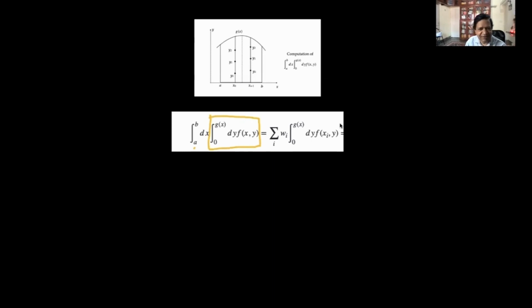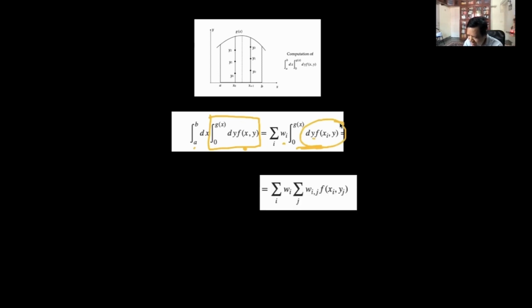We don't know what this function is, but I discretize along x, with weights wi and the value of the function at those xi's. I discretize with Newton codes or Gauss quadrature, and I compute this. But this one requires the y integral.